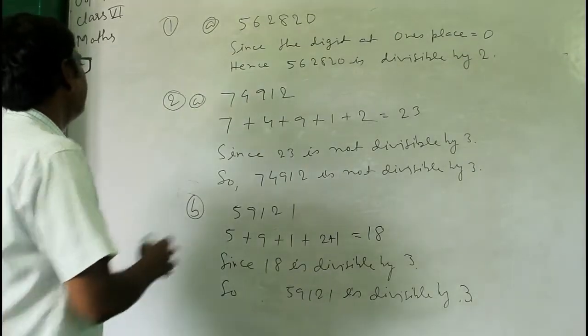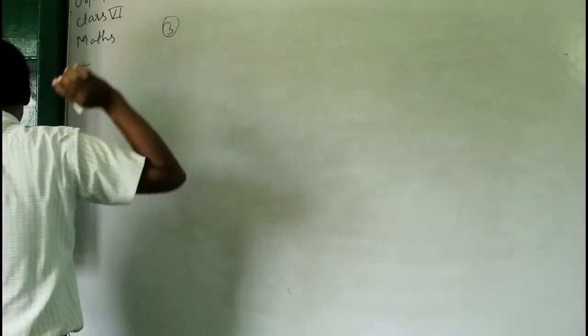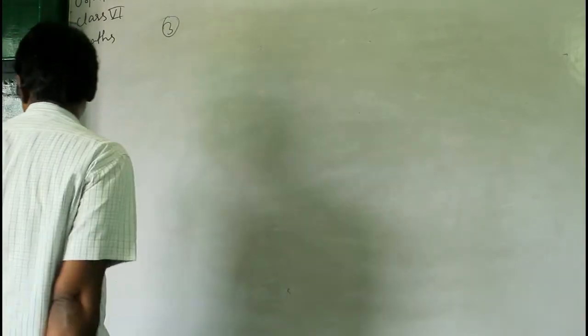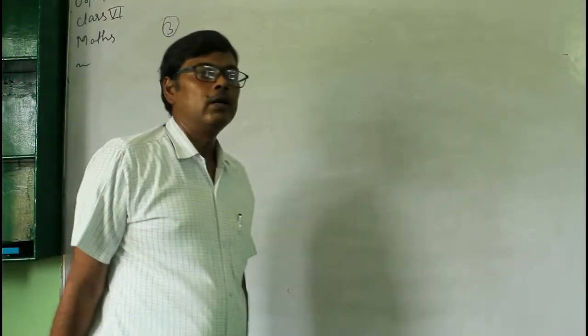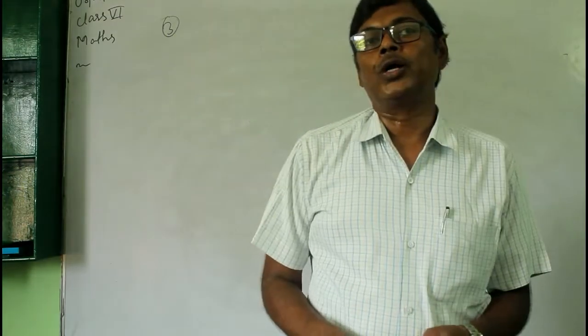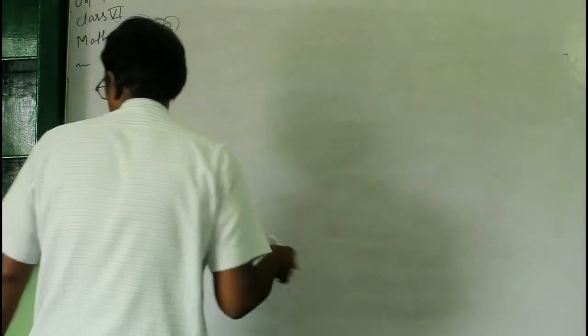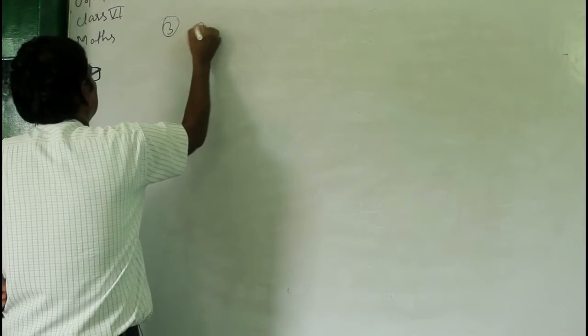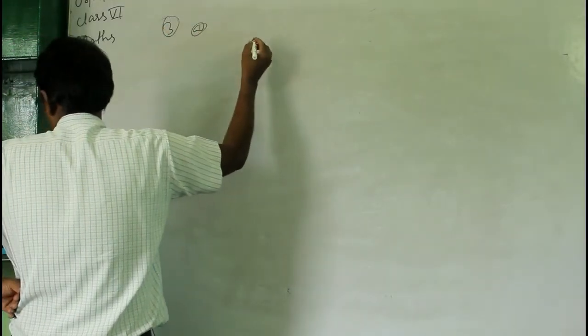Now question number 3. Test whether a given number is divisible by 6 or not. Okay, we have to test by 6 here. So take the first number. Here the first number is 34920.